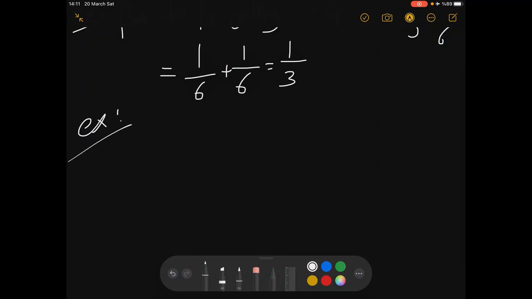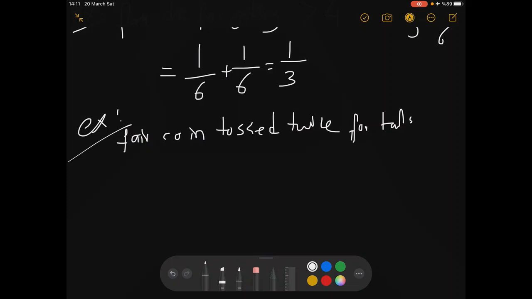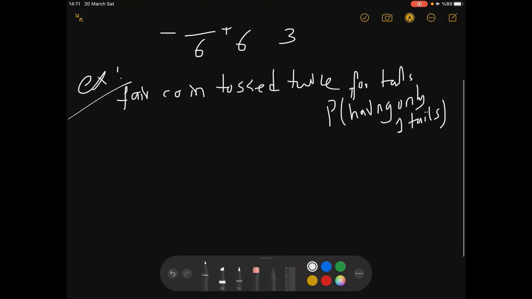And another example, again from the textbook. Suppose that, now that's where you need to be careful, a fair coin is tossed twice. What is the probability of having only 1 tails as the outcome? So you need to define the sample space here carefully.